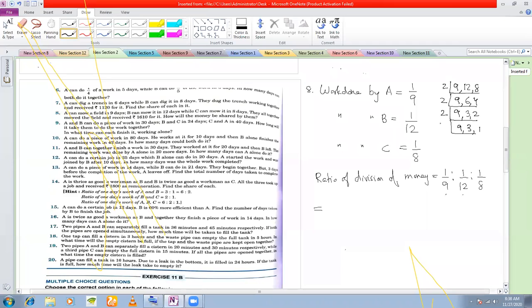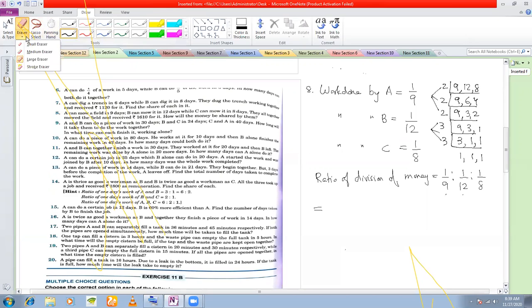Right? Now we take 3. 3, 3, 3, 1, 1. 1, 1, 1. So LCM is 2 into 2 into 2 into 3 into 3. All this.